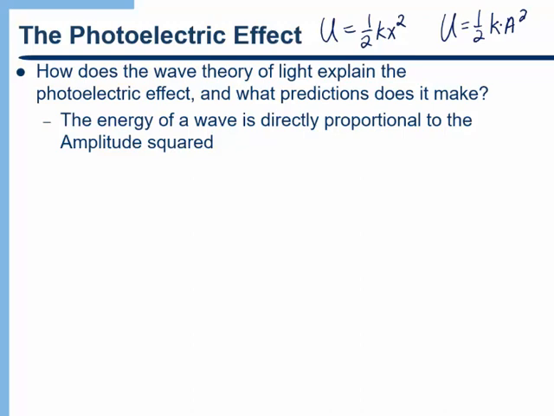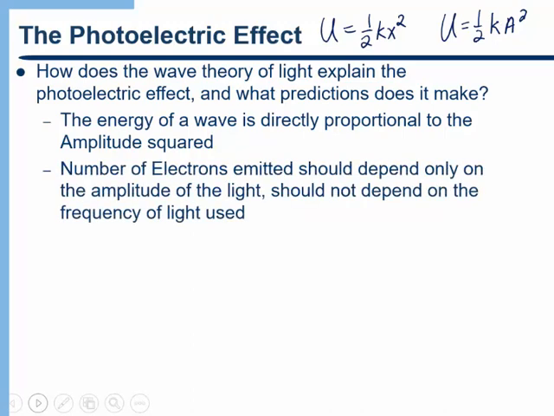So the total energy of an object that's oscillating is proportional to the amplitude squared. Therefore, if that's true for the vibration that creates the wave, it's also true for the wave. And so that's how we know that the energy of a wave is directly proportional to the amplitude squared. So if you double the amplitude of a wave, it actually carries 4 times as much energy.